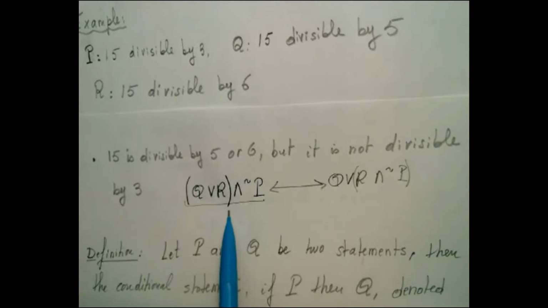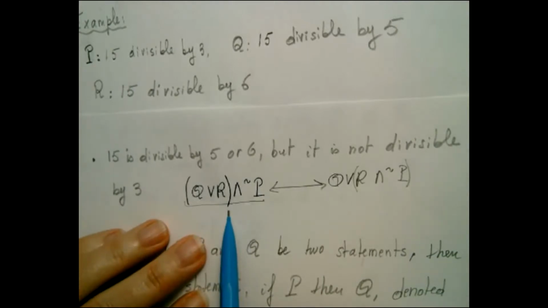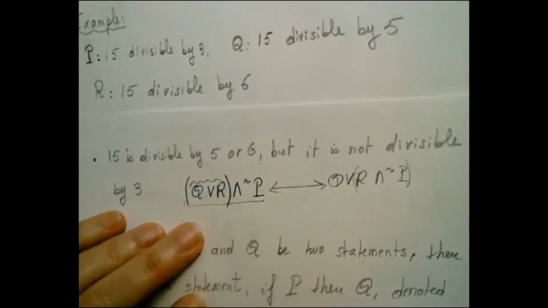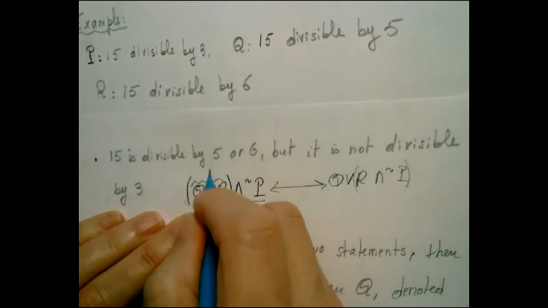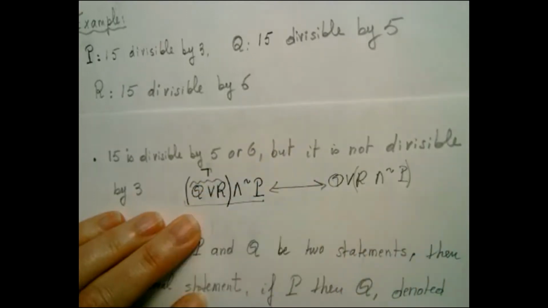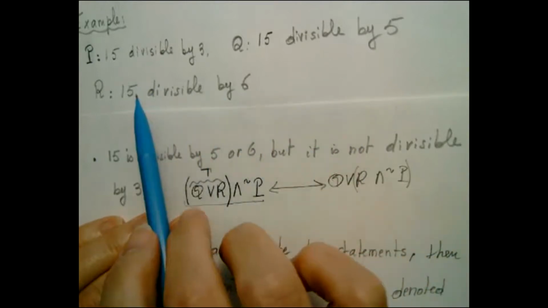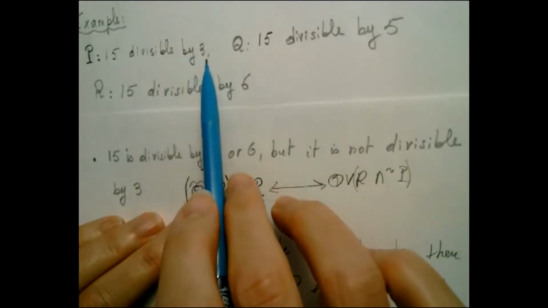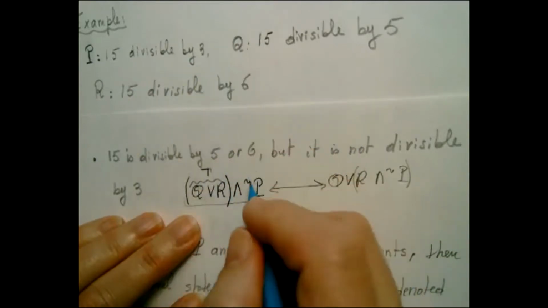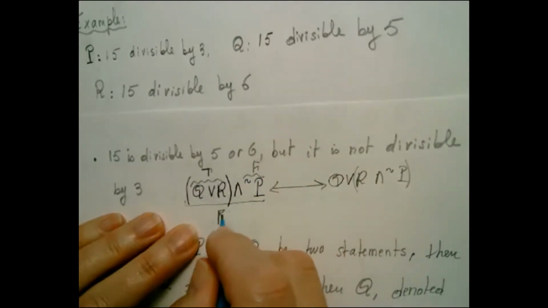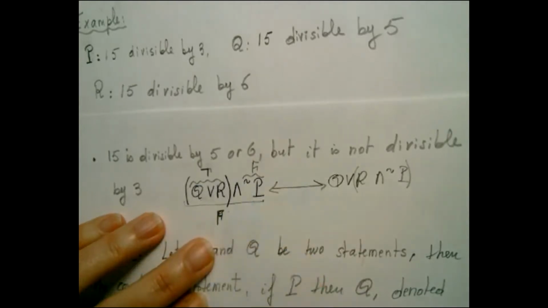Is P true? P is divisible by 3, which is a correct statement. So now not P is a false statement. So this whole thing is actually a false statement.